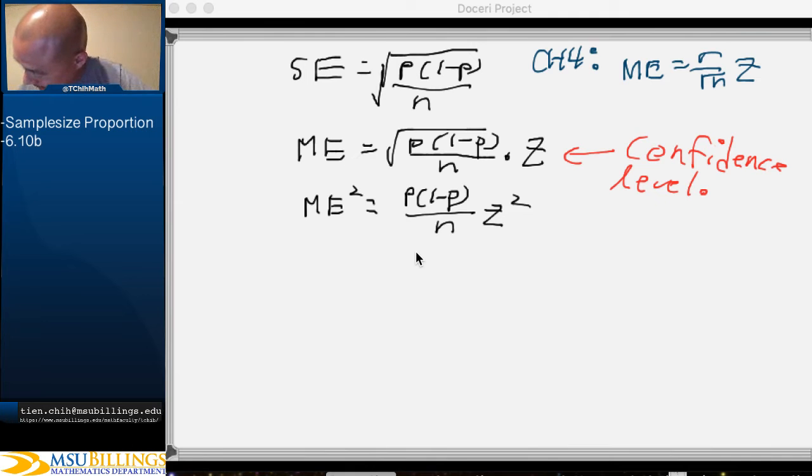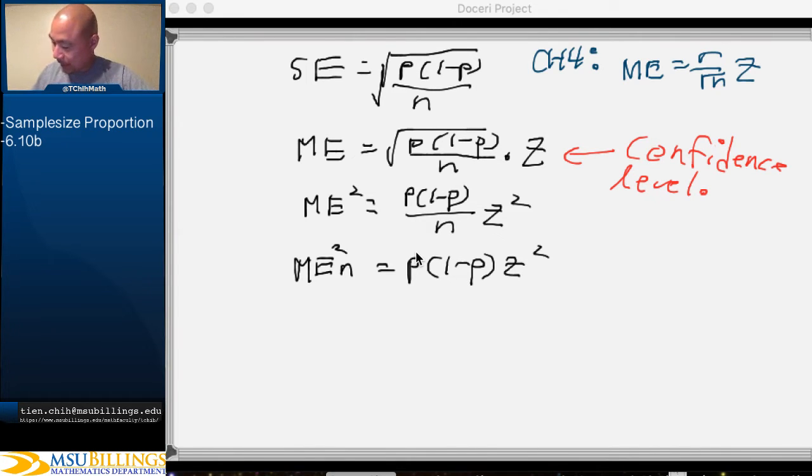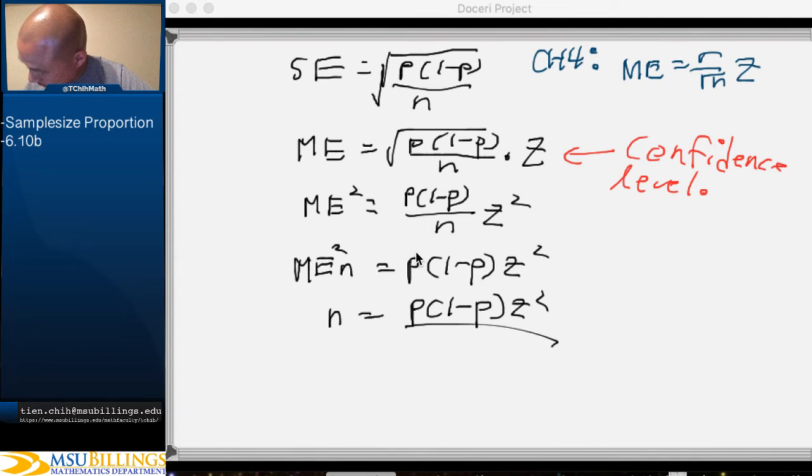And then doing some algebra here, I can multiply n to both sides, and then divide both sides by the margin of error squared.